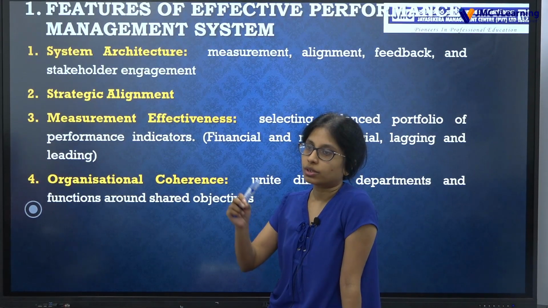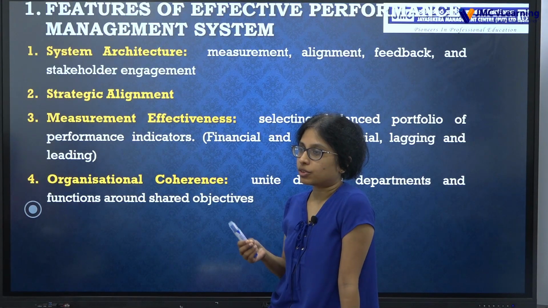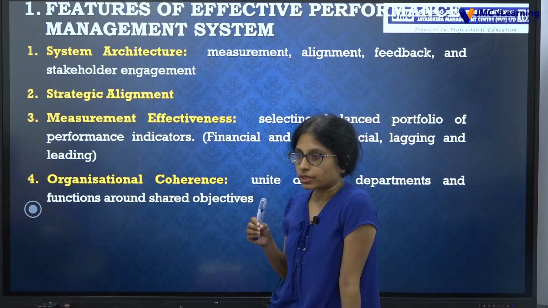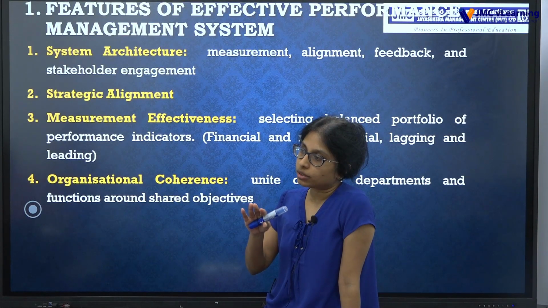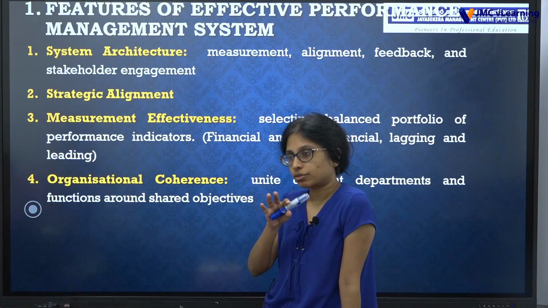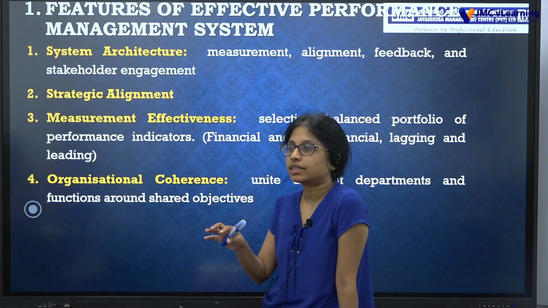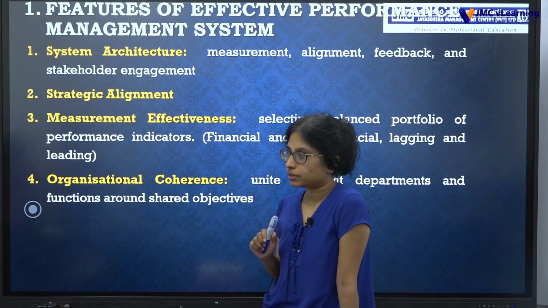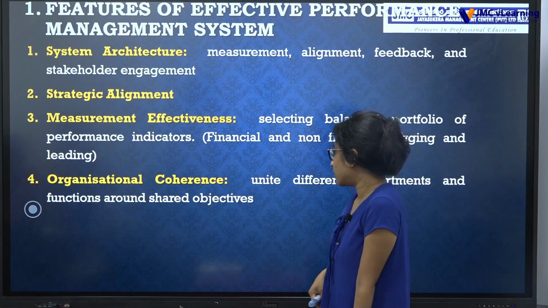In future there will be a drop in orders or drop in revenue, which will affect your profits. So when you are doing your evaluations, you have to have both financials and real-time operational indicators, or you call them non-financial.